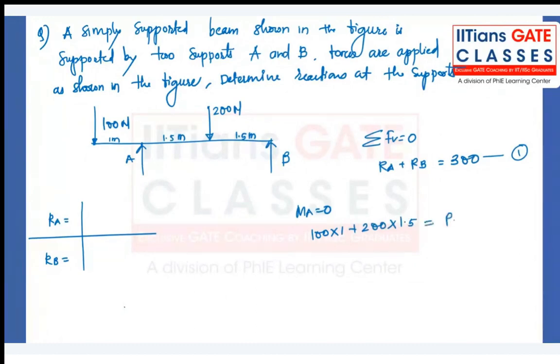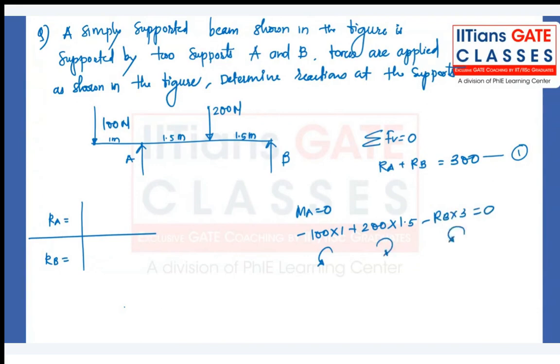100 into 1 is negative, because it's counterclockwise. Then you can even write it like this: minus RB into 3 equal to 0. This is clockwise, this is counterclockwise. So I'm considering counterclockwise as negative, clockwise as positive.